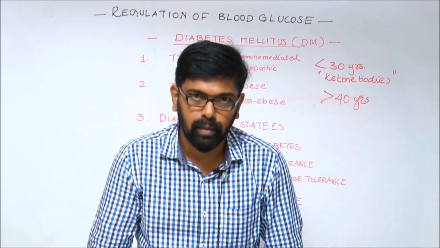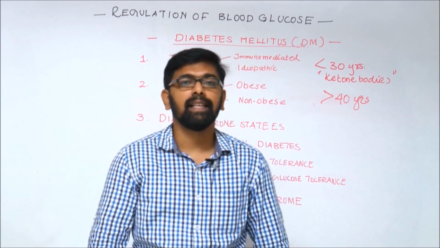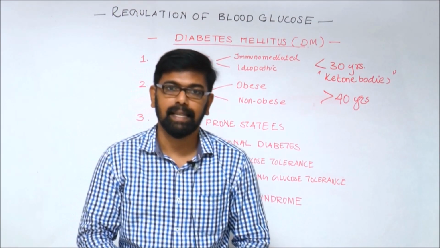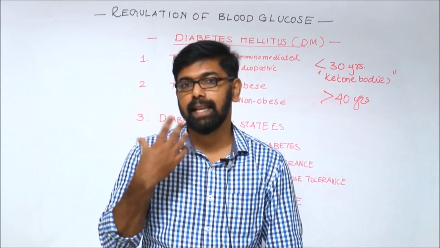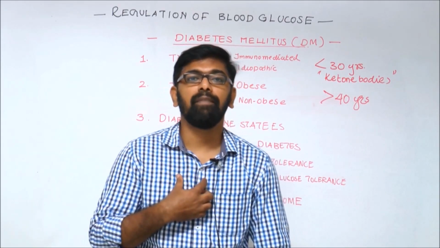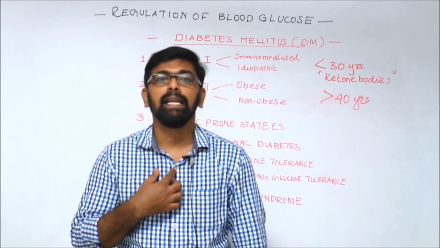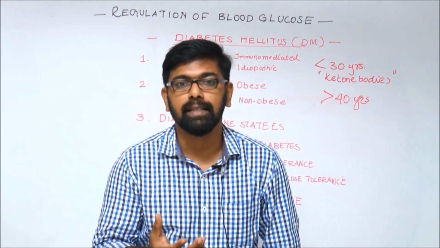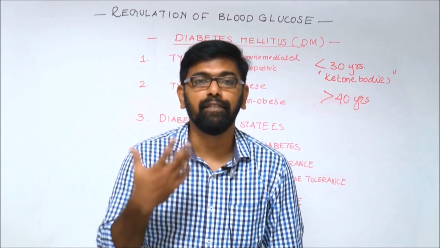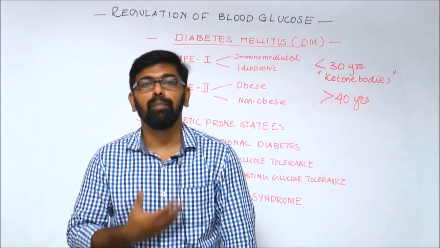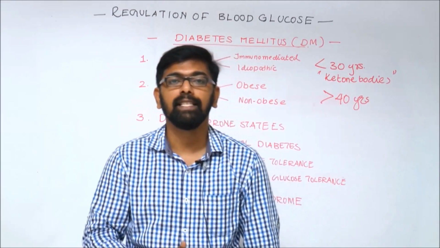We know that insulin has certain receptors over the cells, and through these receptors insulin carries out its action. In type 2 diabetes mellitus, the number of insulin receptors is lesser. So even though you have enough insulin, the body cannot properly utilize glucose.